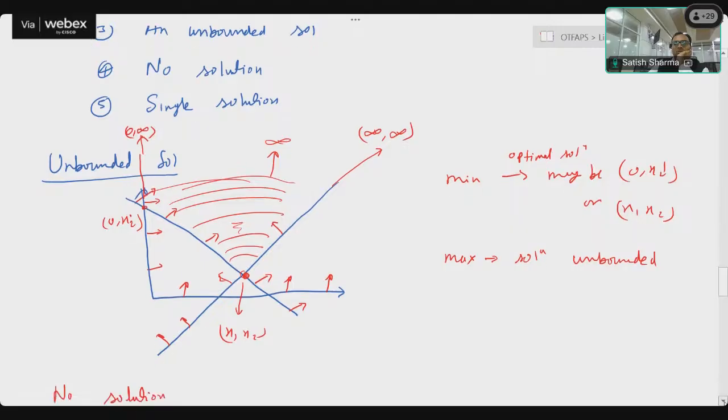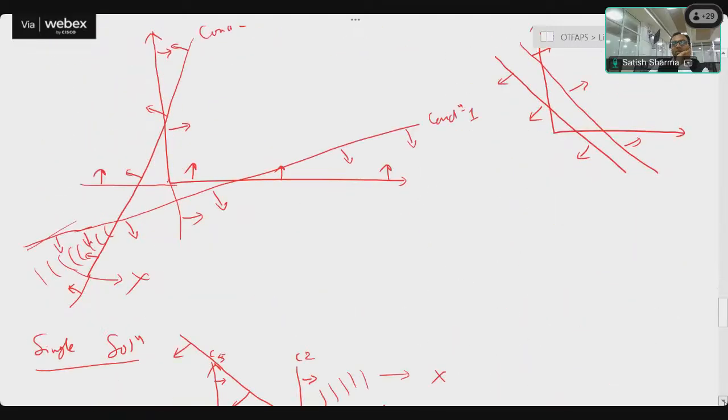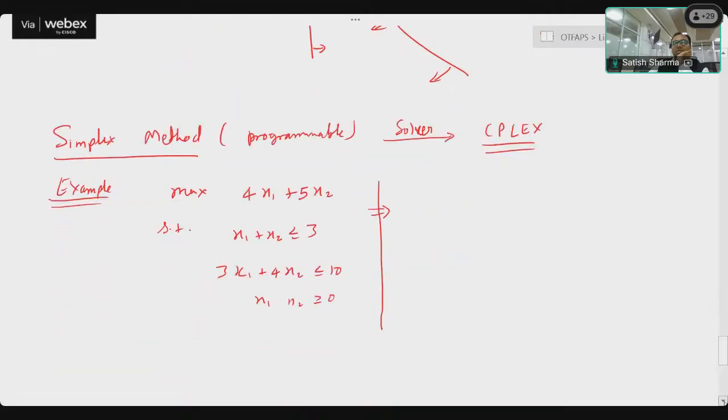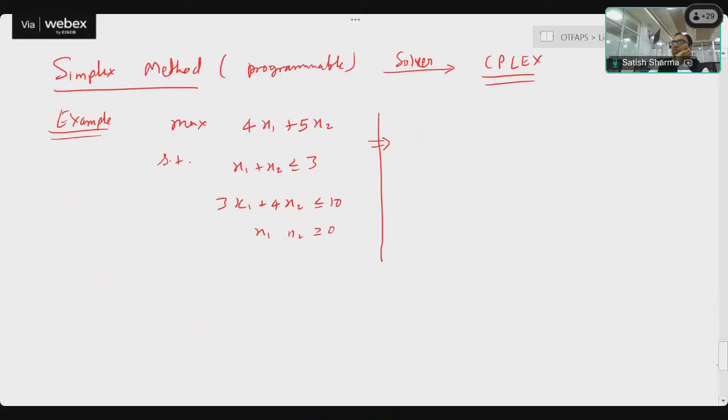To obtain the point of intersection, we have to convert everything into equations instead of conditions, because the point of intersection will be at the equations level only. So what we can do is, x1 plus x2 is there, and we will add a slack variable that makes the less than condition into an equality condition. x1 plus x2 was less than 3. Now if I add something to this, it will become 3.